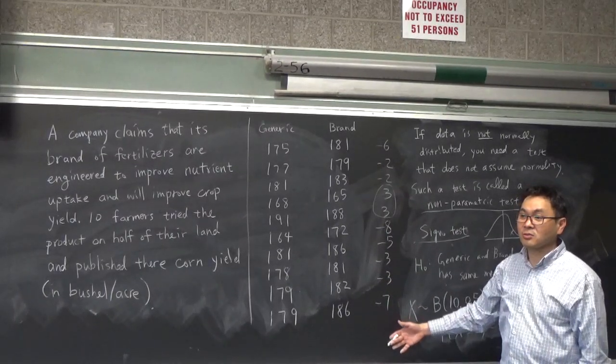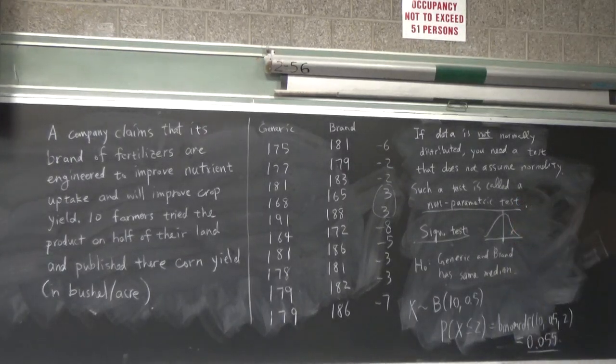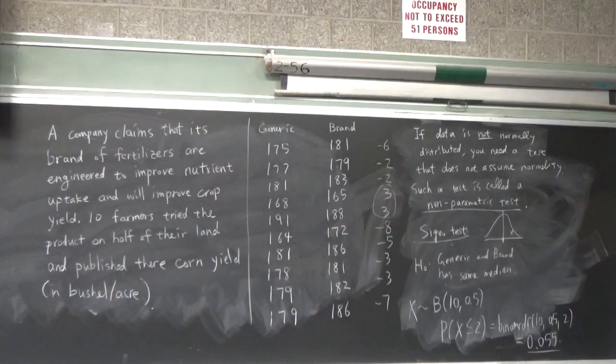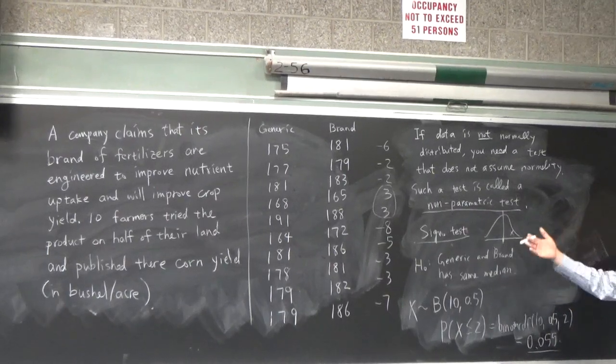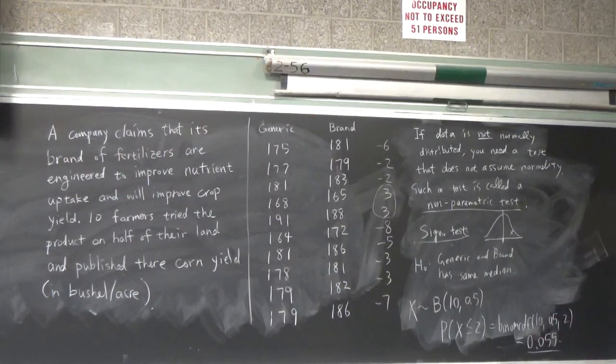So if the significance level was, say, 8% or 10%, then we would say with significance level 10%, we can reject the null hypothesis and say that really the brand fertilizer is doing the better job. Okay, so that's called sign test. Kind of makes sense, right?